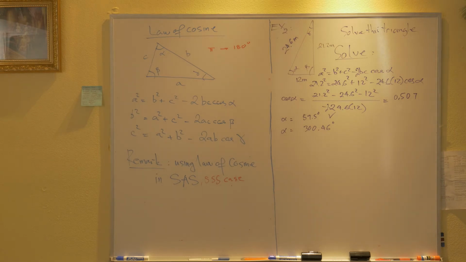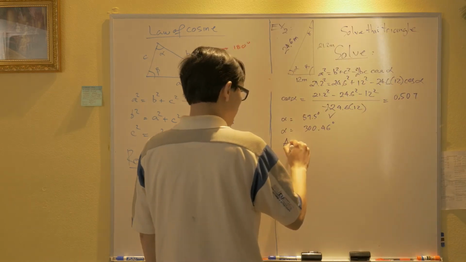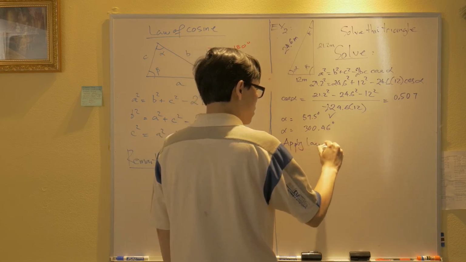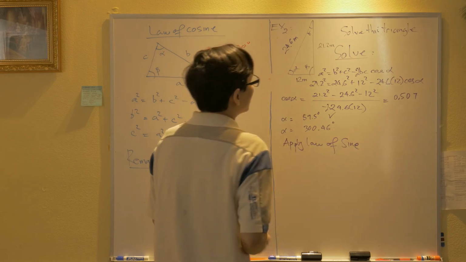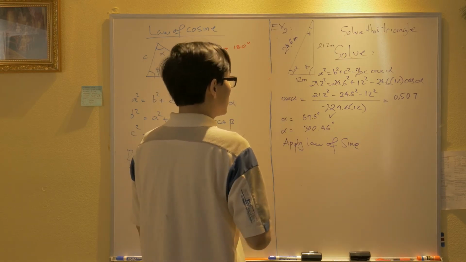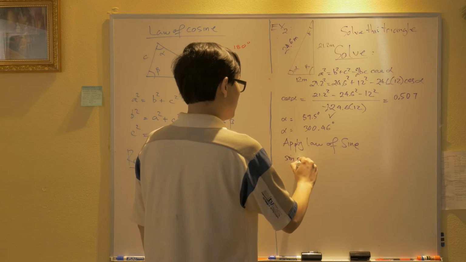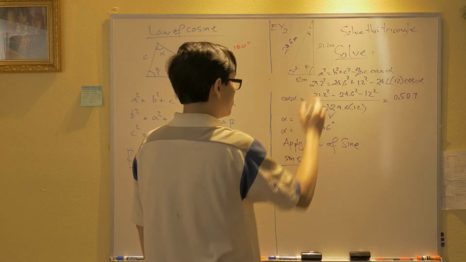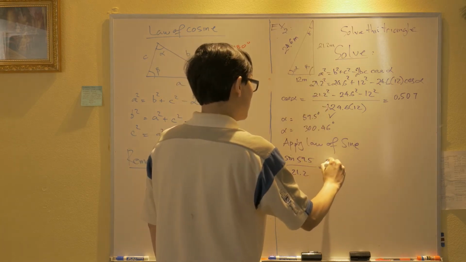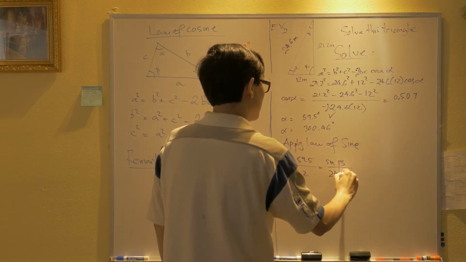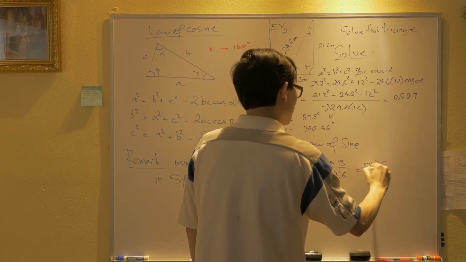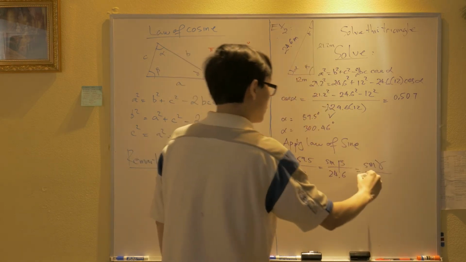Okay, so that's alpha, and now you know one angle already. You can apply the law of sine. So it will be sine alpha, sine 59.5 over 21.2, equals sine beta over 24.6, equals sine gamma over 12.